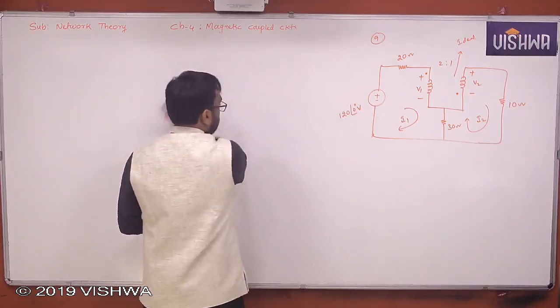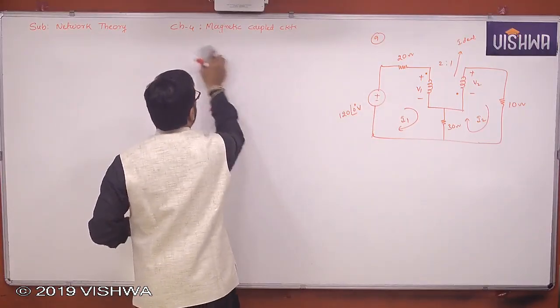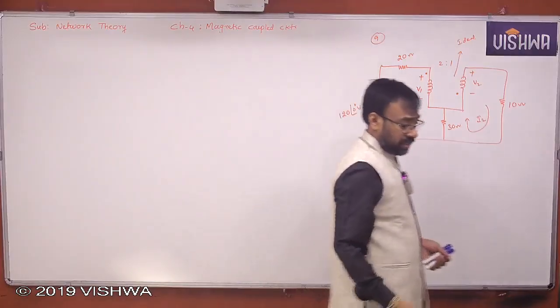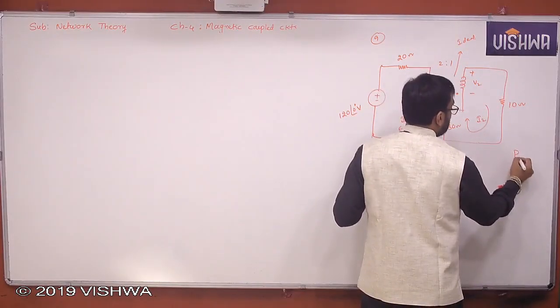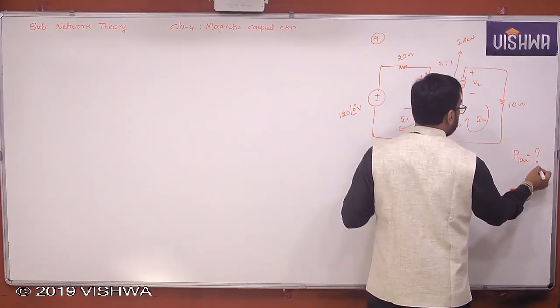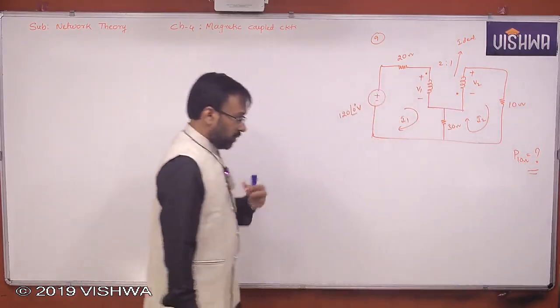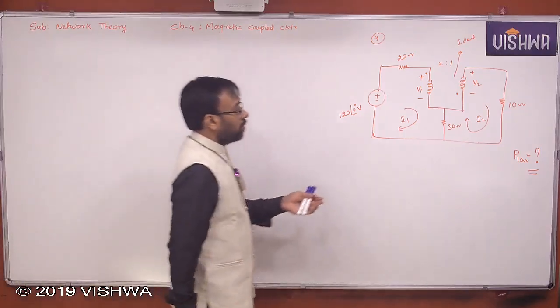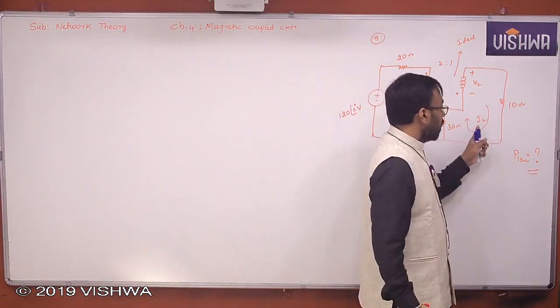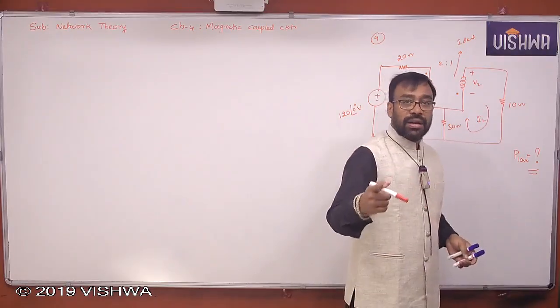The question is, determine the power supplied to the 10 ohm resistor. That's the question. Power supplied to the 10 ohm resistor is asked. If you want to know the power supplied to the 10 ohm resistor, you must calculate what? I2. I2 square into 10.